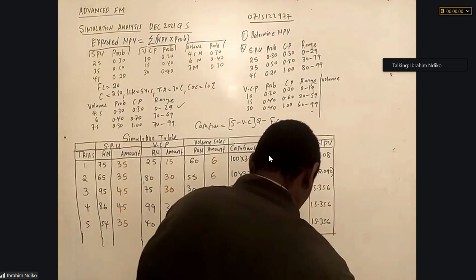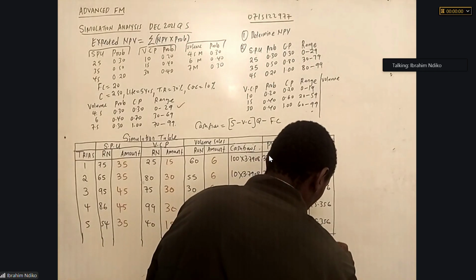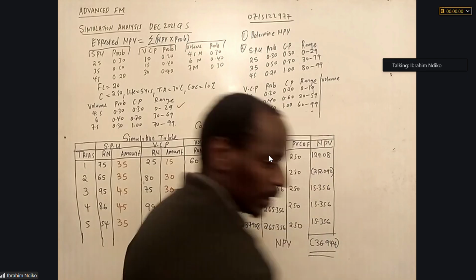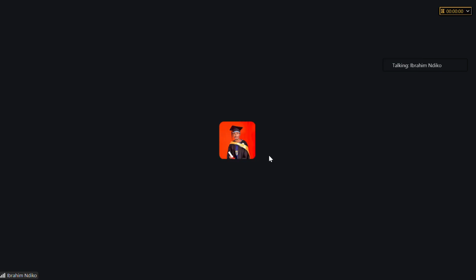So mimi napata negative 36.944. Pale tulipata ngapi? Kutumia ile method ya probability ile ya kwanza. Tulipata ngapi? The expected NPV, eh, tulipata negative 28.88.